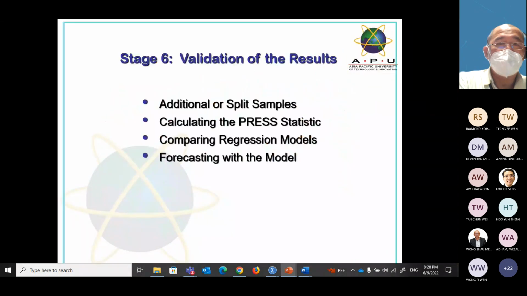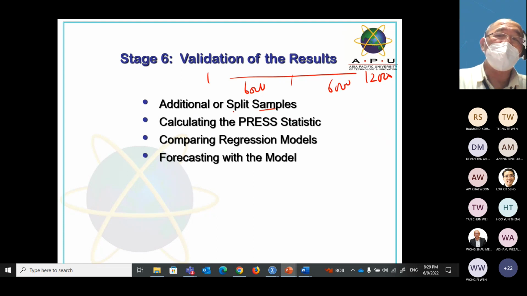This one we also discuss a little bit. We can separate the sample. Remember, if you have observations 1 until, let's say, 12,000, you can split it into 6,000 and 6,000 and do testing. So for model A, you have 12,000 observations.